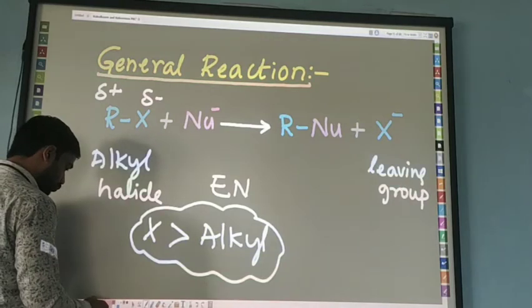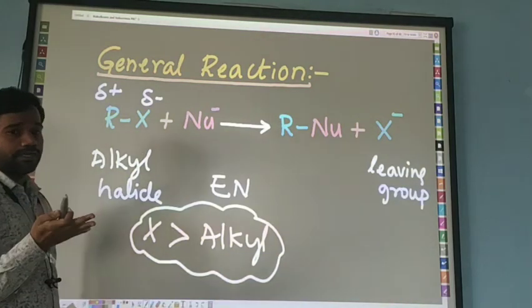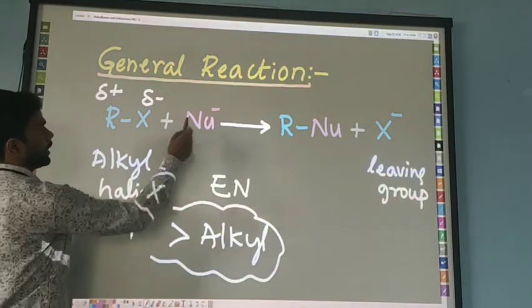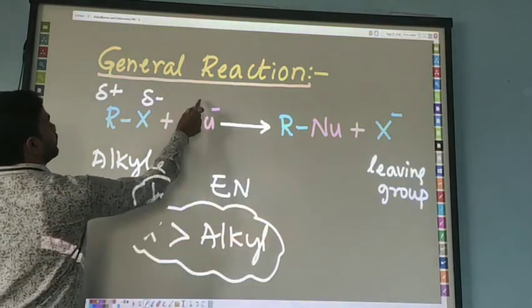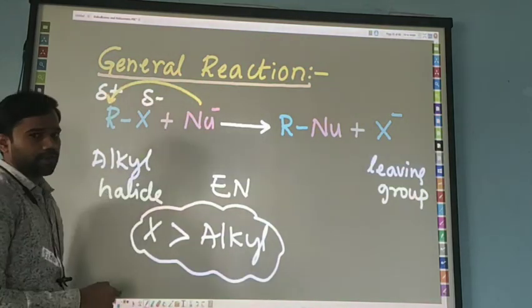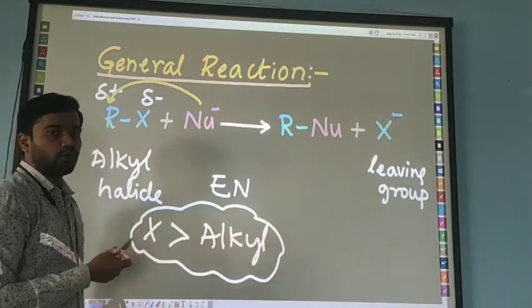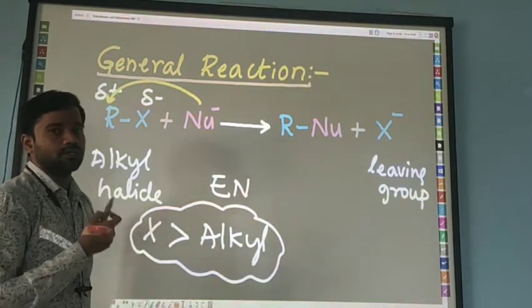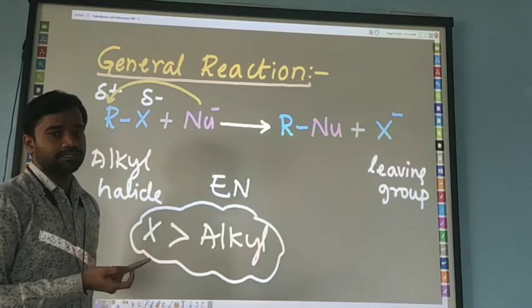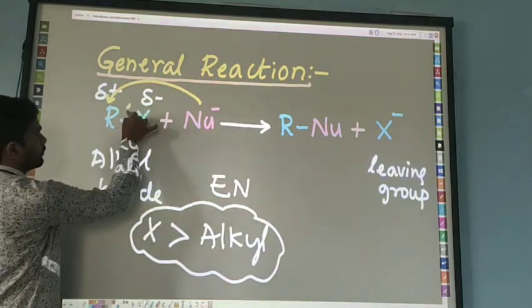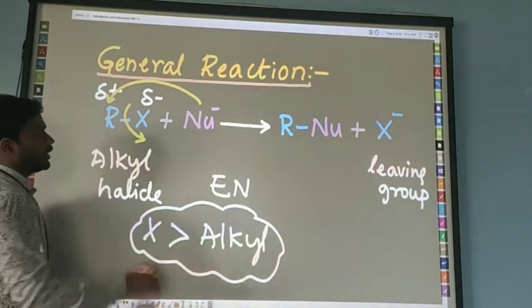If I move the arrow from the higher electron density to the lower electron density, the nucleophile moves. What does nucleophile mean? Nucleophilic means nucleus loving, that is, a positive charge loving species is known as a nucleophile. The halogen element is going to leave.